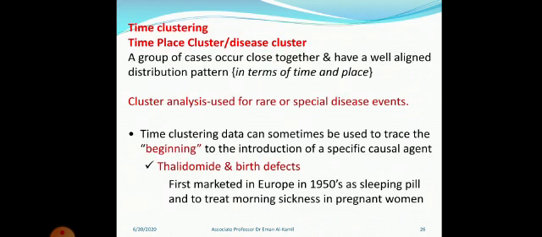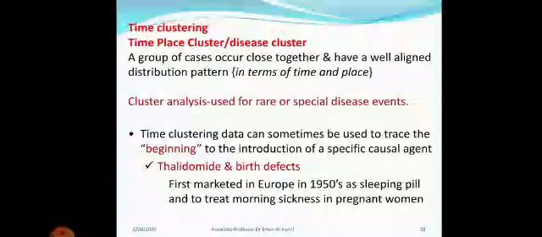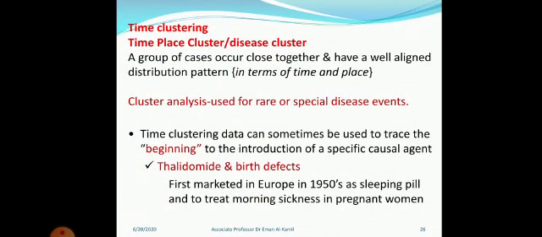Time clustering is the occurrence of the disease in certain places that occur close together in terms of time and place. For example, cluster analysis is used for rare special disease events.